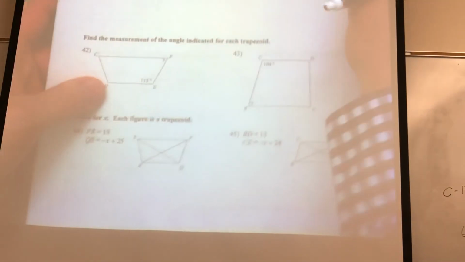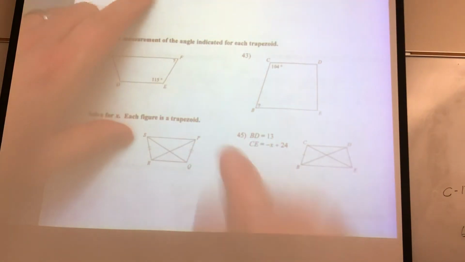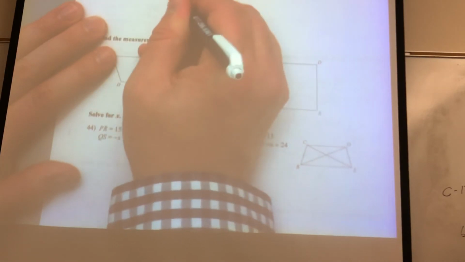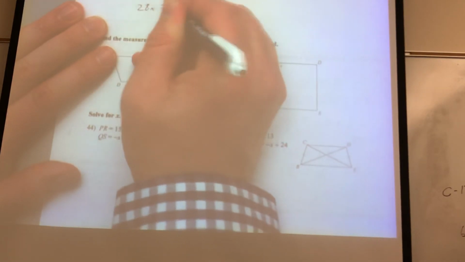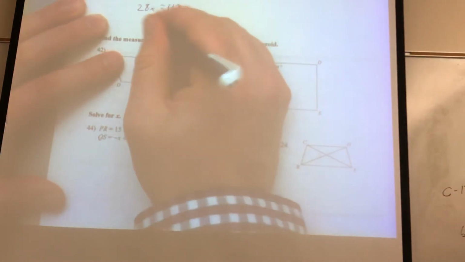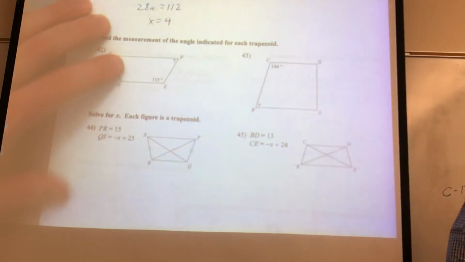Okay, coming up on the end of our review here, this is the same kind of thing. So 28x plus 3 equals 115. That would be subtract 3, 28x is equal to 112. That's going to be x is equal to 4.